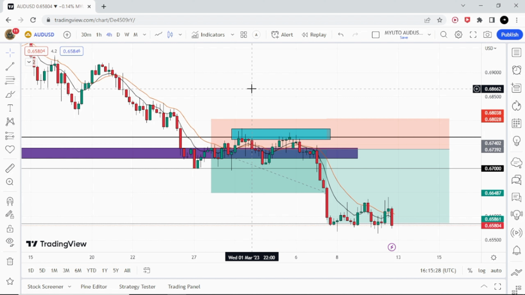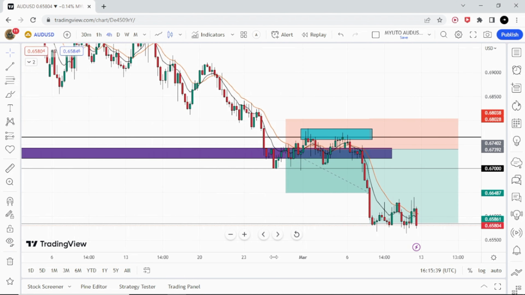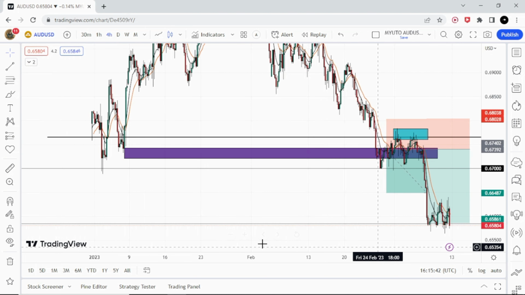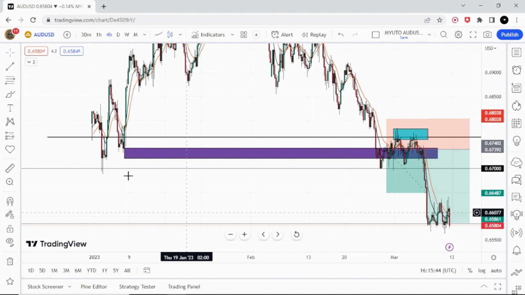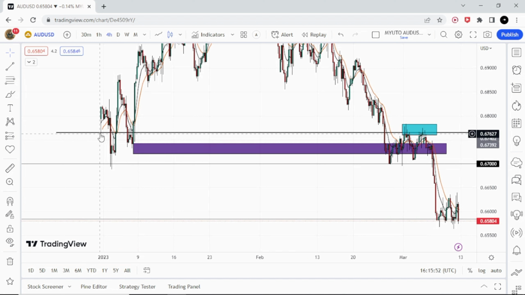This was because we had price reversing from a significant level that I have marked out here. Let's push to our left and see where the significant level is marked out. You can see this level has been significant for some time. Price came here, found support from this level, tested here, also found support.